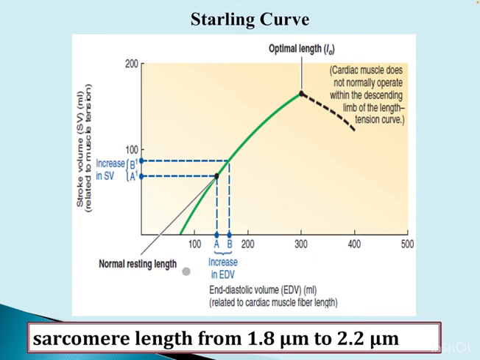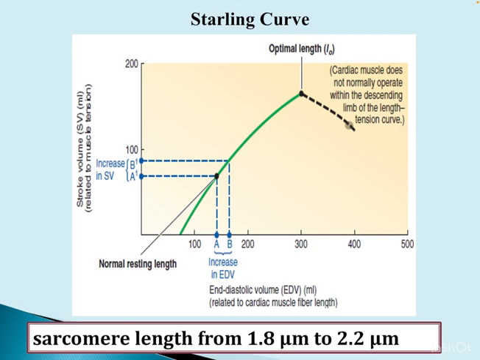So whenever there is an increase in end diastolic volume, the length increases up to the optimal length, and there is a continuous increase in stroke volume till the optimal length. But once the end diastolic volume is more and the length of the ventricle is beyond the optimal length, then there is a decrease in force of contraction.